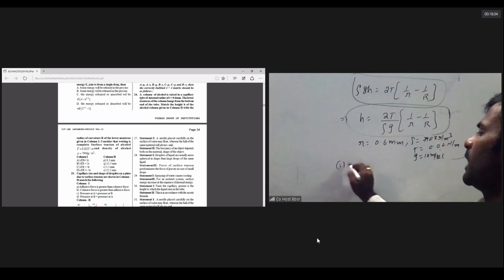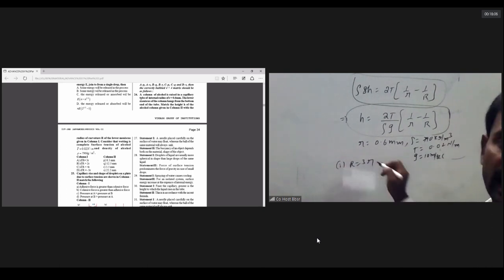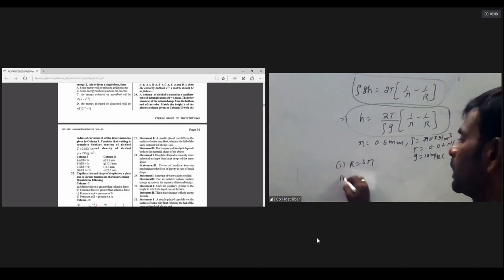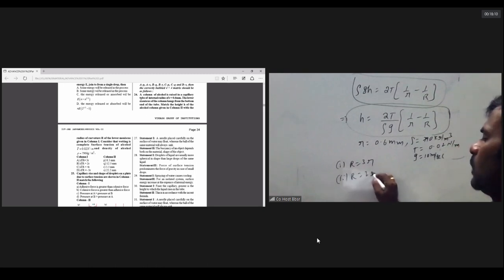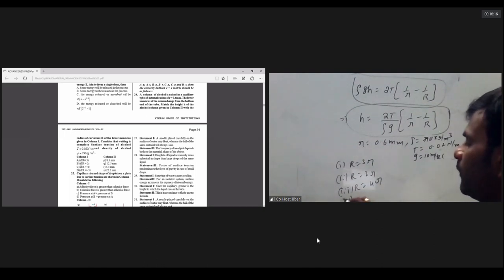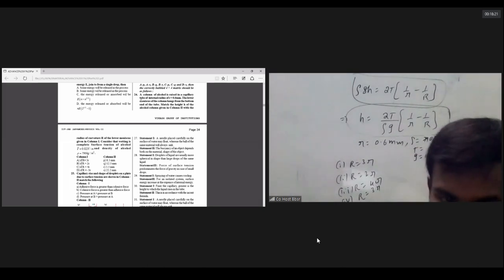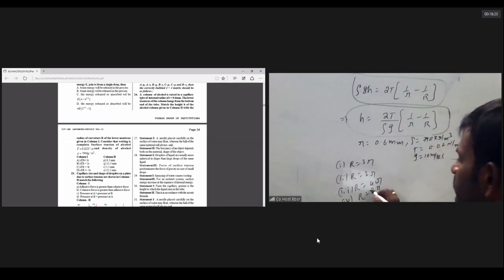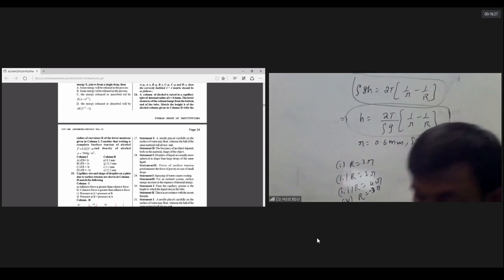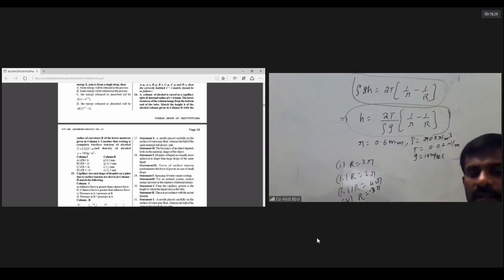Number 1, capital R equal to 3r. Number 2, capital R equal to r. Number 3, capital R equal to 4r. Number 4, capital R equal to minus 3r. In all cases you try to find.